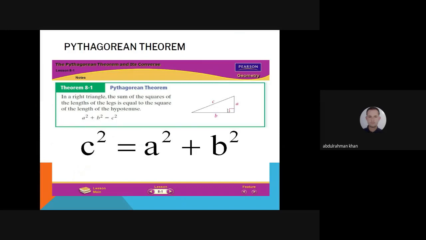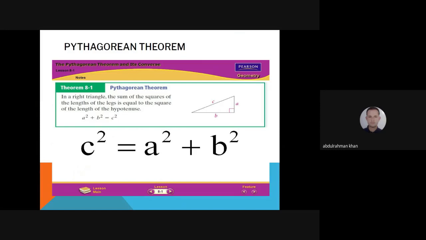The hypotenuse is the side opposite the 90 degree angle. So the hypotenuse square will equal a square plus b square, where a and b are the lengths of the legs and c is called the hypotenuse. So according to the Pythagorean theorem, a square plus b square equals c square.